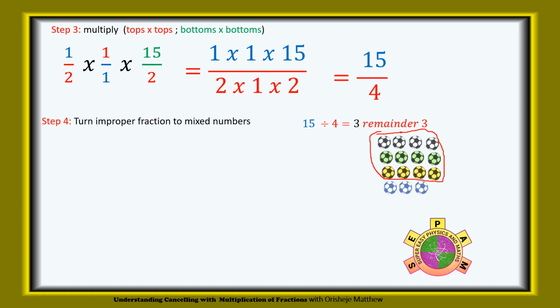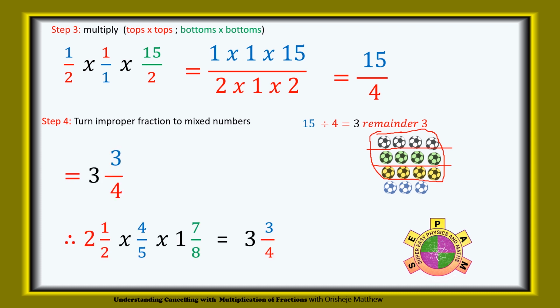That is one group of 4. 1, 2, 3, 4. 1, 2, 3, 4. That is 12, so you have 3 groups of 4. Then you are left with 3 remaining. So 15 divided by 4 gives me 3 remainder 3, and the remainder goes over what we are using to divide: 3 3/4. That gives me the final answer for that question.